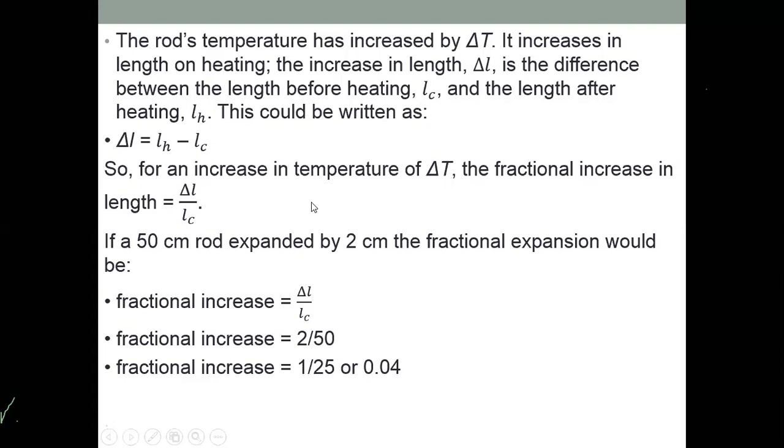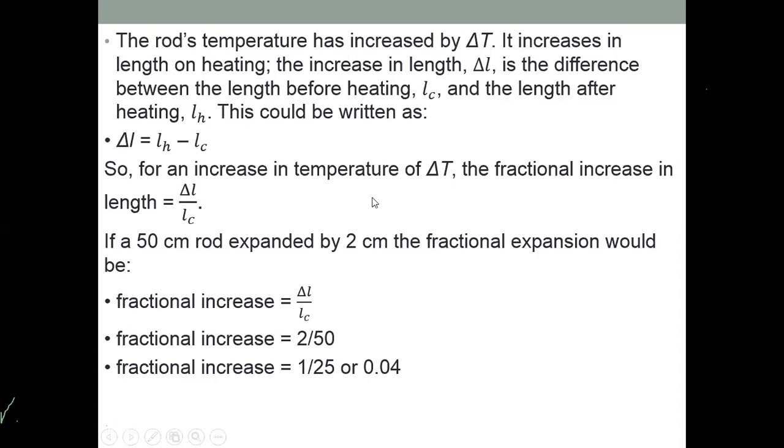For an increase in temperature of delta T, the fractional increase is going to be like this. It is the change in length, LH minus LC, over the first length of the object. For example, let's say we have a 50 centimeter rod, and it extends by 2 centimeters, so it becomes 52 centimeters.